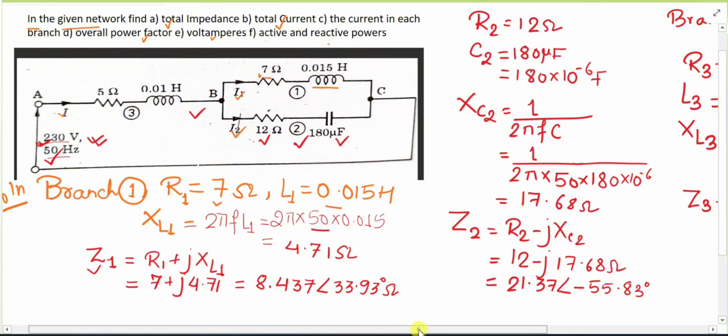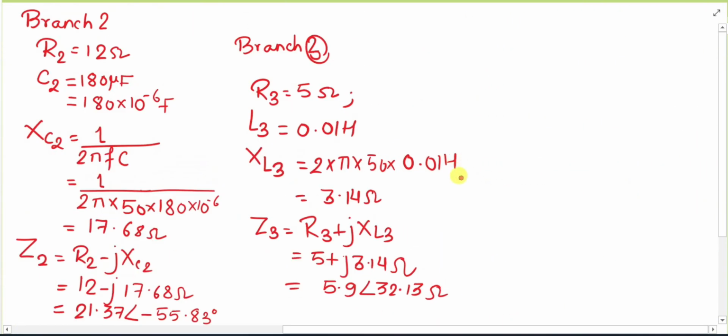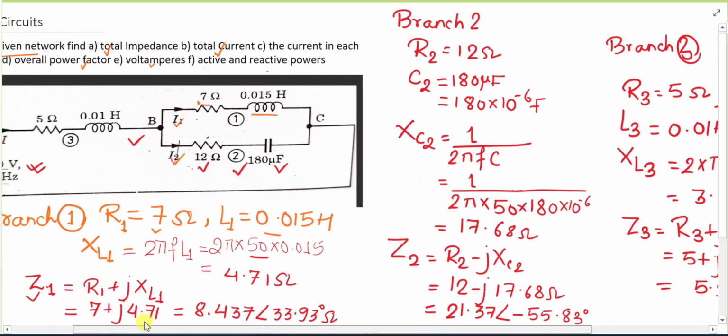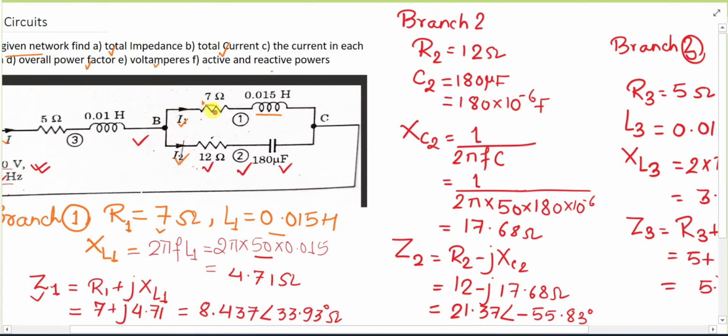After identifying the branches, we can easily note what can be done. Now you can check this circuit. Branch 1 and branch 2 are in which connection? These are in parallel connection, because the end terminals of both branches are connected at a single point.